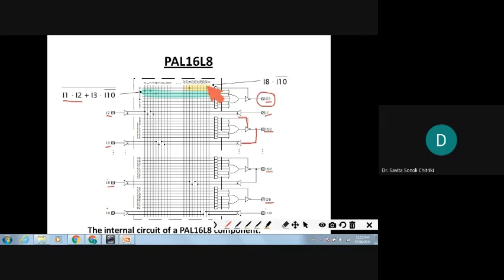This is the first AND gate. Then this is the second AND gate. Then these two, from where they are coming, that we should see.